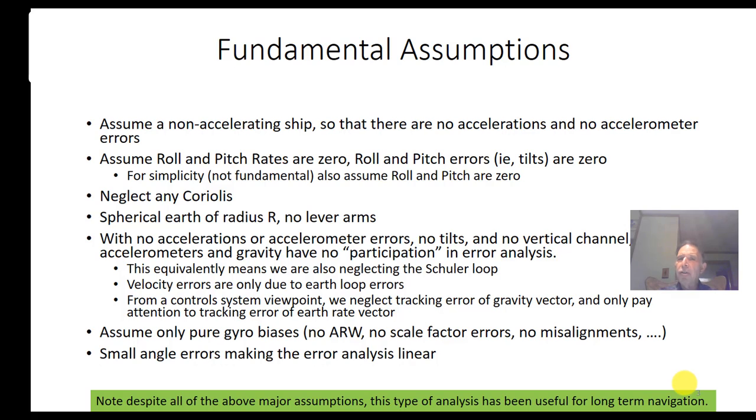That is, the errors essentially are less than 1 degree so that we can perform linear analysis and essentially make sine theta equal to theta in radians and cosine theta equals to 1. Note that despite all of the above major assumptions, this type of analysis has been useful for long-term inertial navigation analysis.